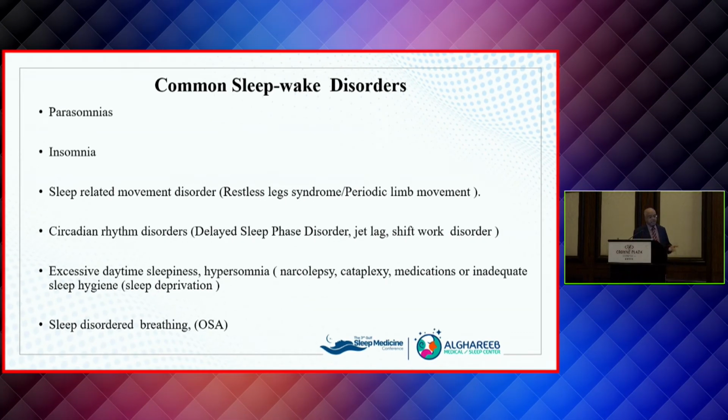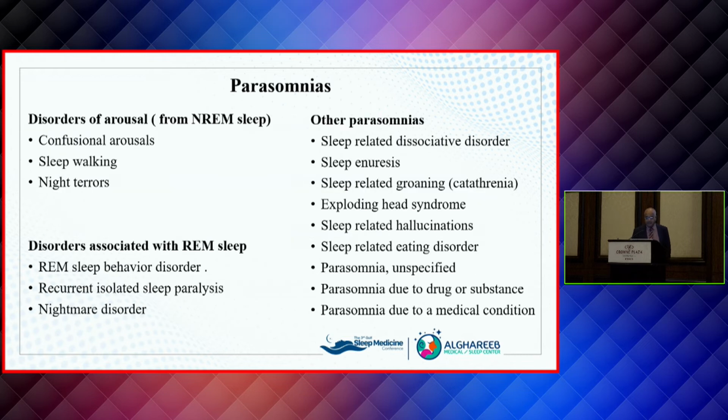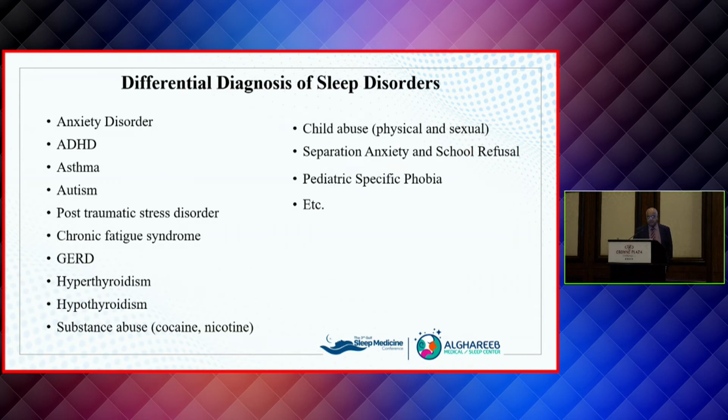Excessive daytime sleepiness, narcolepsy, cataplexy, all these disorders, you are seeing more than me, of course. I am just seeing the last paragraph, which is sleep-disordered breathing and sleep apnea. So these are the parasomnias: confusional arousal, sleepwalking, sleep talking, etc. I think you know better than me about it.